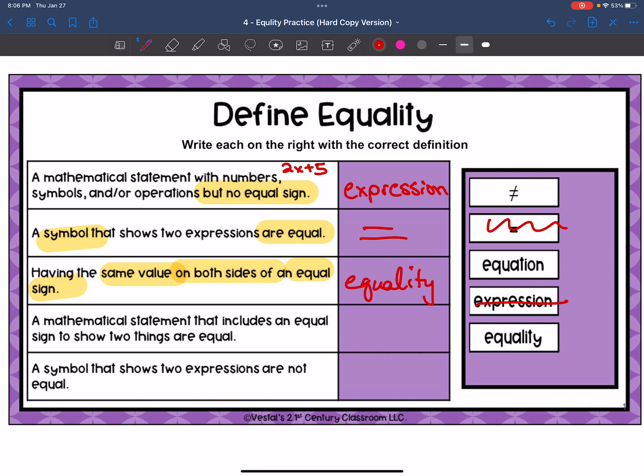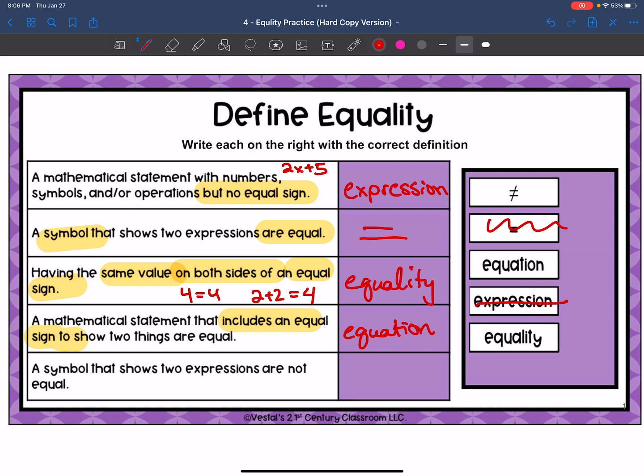And so equality would be something like 4 equals 4, or 2 plus 2 equals 4. That's equality. A mathematical statement that includes an equal sign to show two things are equal, that's going to be an equation.